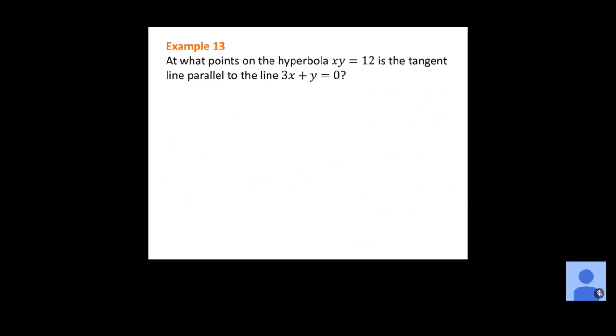Okay, good. Let's get that equation solved for y, right? So how are we going to do that? Just divide by x on both sides. So when I do that, my equation becomes y equals 12 over x. Okay? And so now that I have my equation in that form, what do we need to do next?